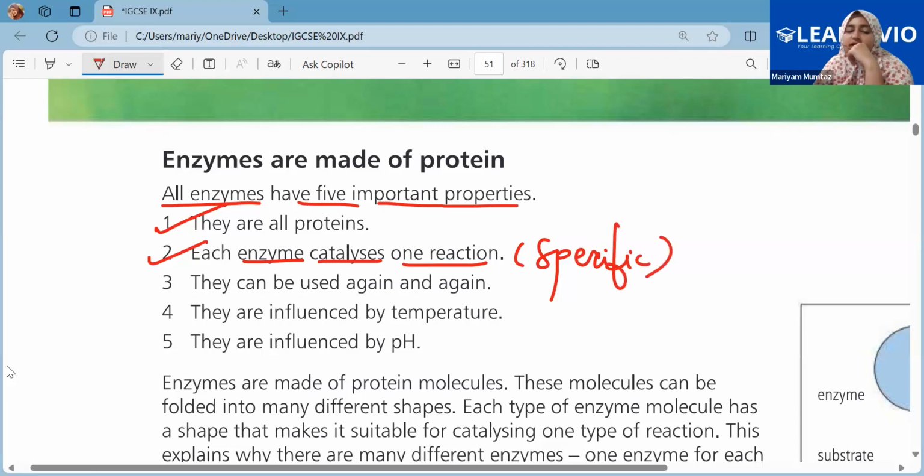They can be used again and again because they are not changed during the chemical reaction. Now, enzymes are influenced by the temperature and they are influenced by the pH. So their working will vary with the changes in the temperature and the changes in the pH.